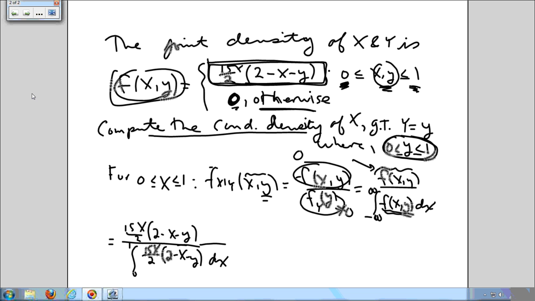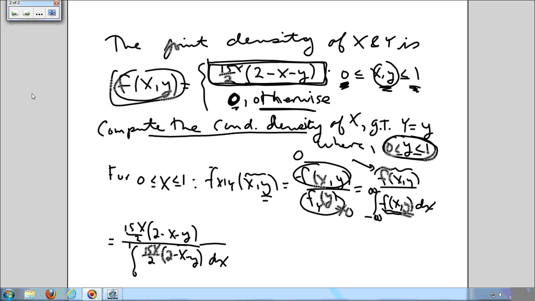Okay, so now let's see what we get. Distributing, the 2's are going to cancel. We get 15x minus 15x squared over 2 minus 15xy over 2. Coincidentally, that's what is in the bottom.